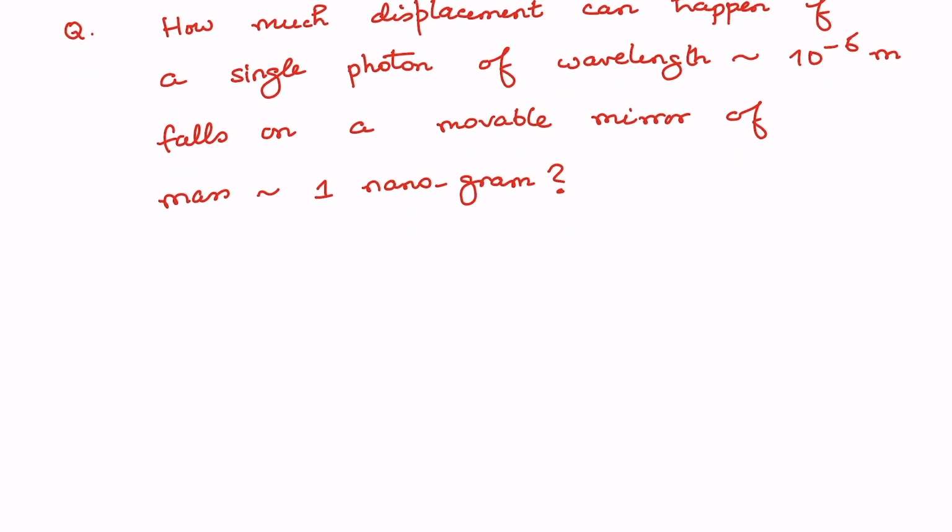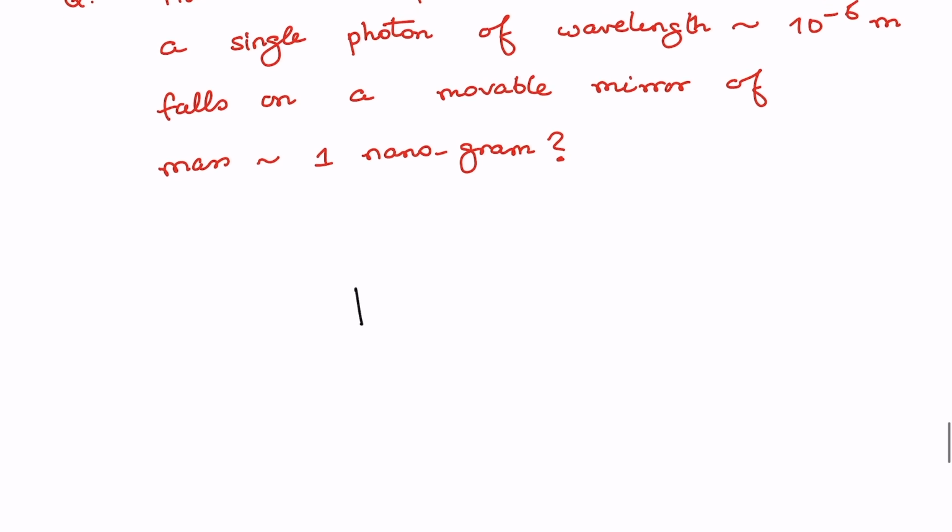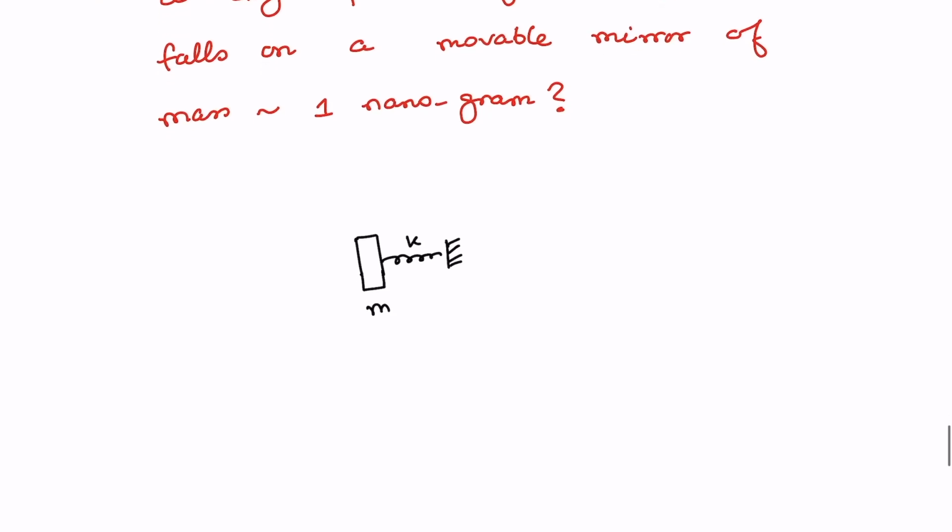To do that, basically the situation is like this. We have a movable mirror like this. Let me say this mirror is attached to a spring of spring constant say K, and the mass of the movable mirror is M, and a single photon is incident on the mirror.